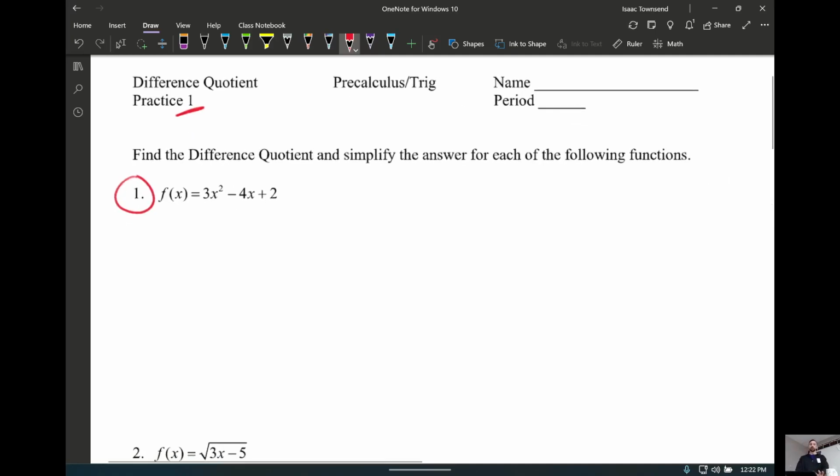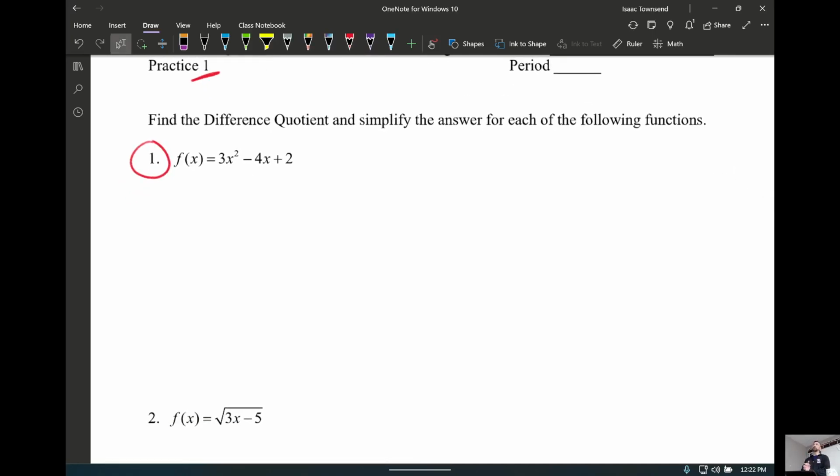So, try question 1, see how far you get before you get stuck, or see what you come up with as an answer, and then I will go over it and help you out if you did get stuck.